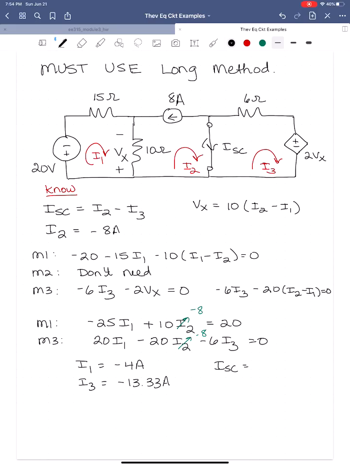I'm sorry, hang in there for a second with me. I think I've got a math error somewhere. Just bear with me for a second.